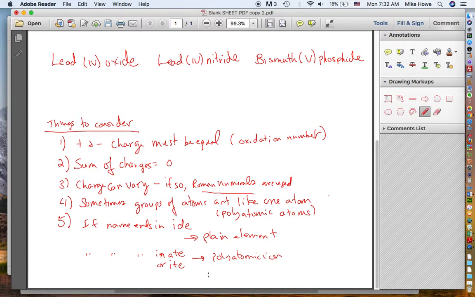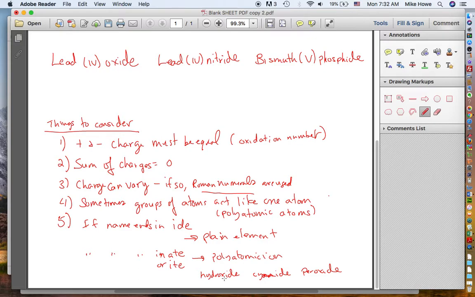So note hydroxide and cyanide and peroxide end in IDE, but they're polyatomic ions.